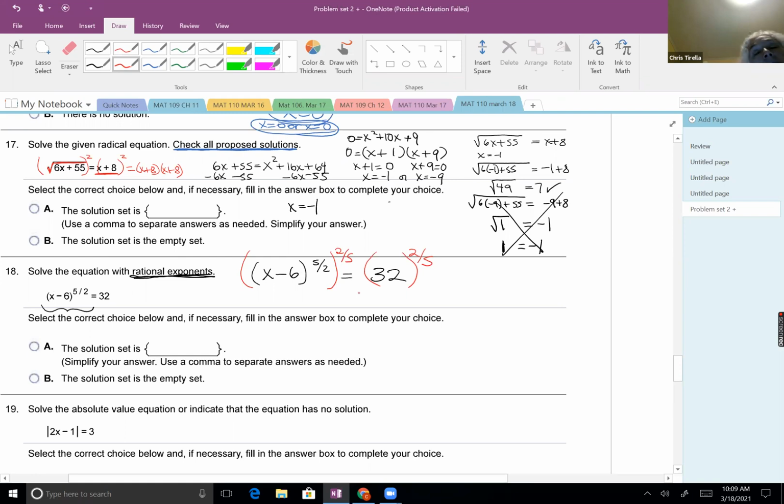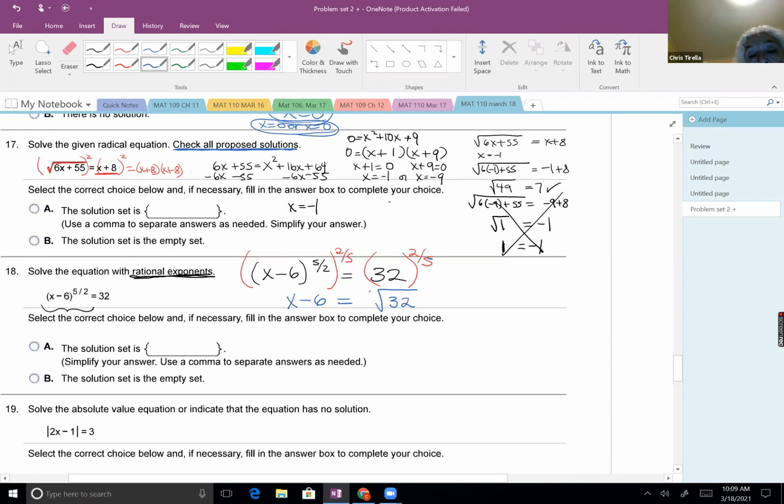The reason we use the reciprocal is because when we raise a power to a power, we multiply exponents. And when we multiply something by its reciprocal, we get 1. So that just gives me x minus 6. On the other side, I know some people evaluate expressions like that using a calculator. By hand, does everybody remember that if my exponent is a fraction, I'm going to have a radical? My radicand is going to be that base.